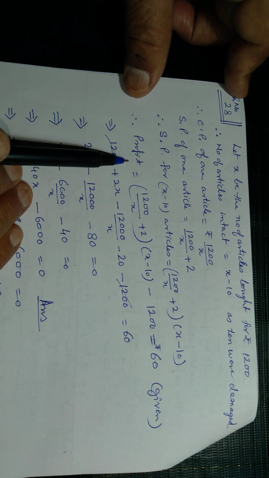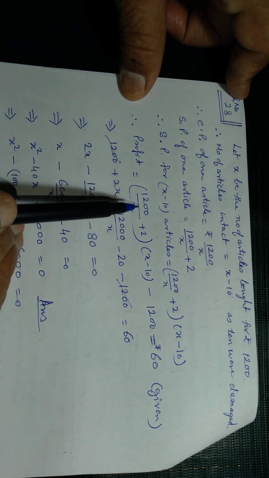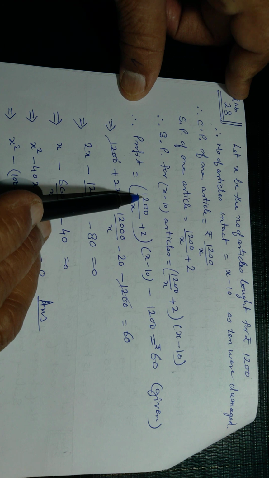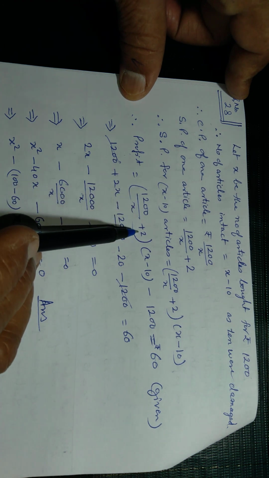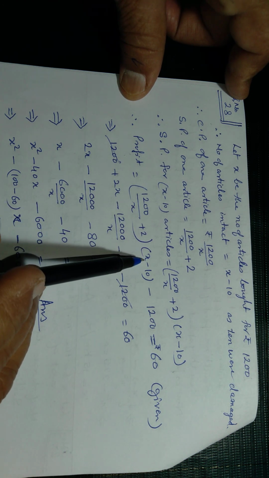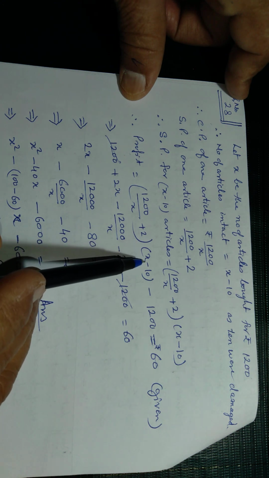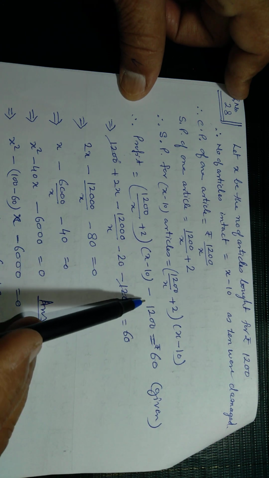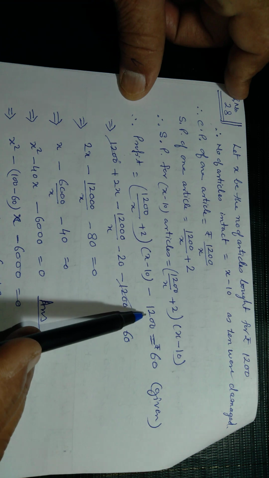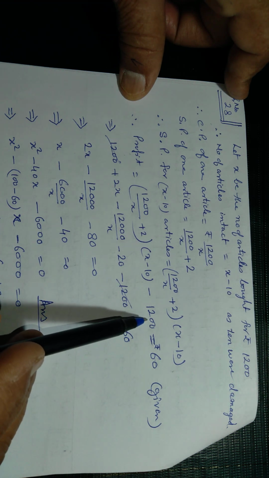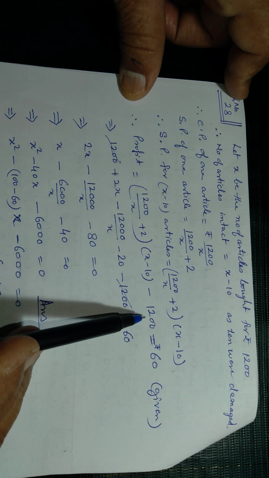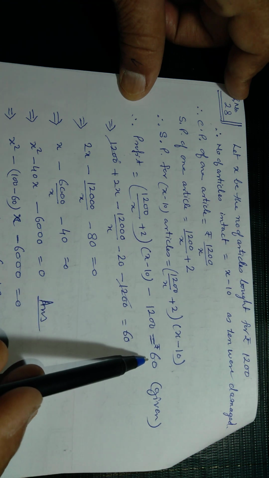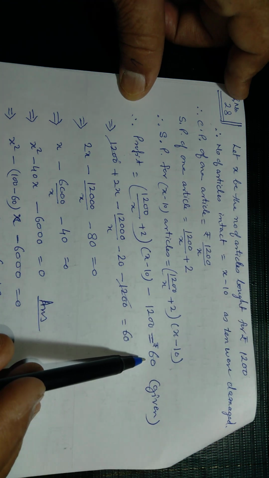The profit is mentioned here. So 1,200 divided by X plus 2 multiplied by X minus 10, minus 1,200, that is the cost price. So selling price minus cost price will give you the profit. Profit is given already, rupees 60.